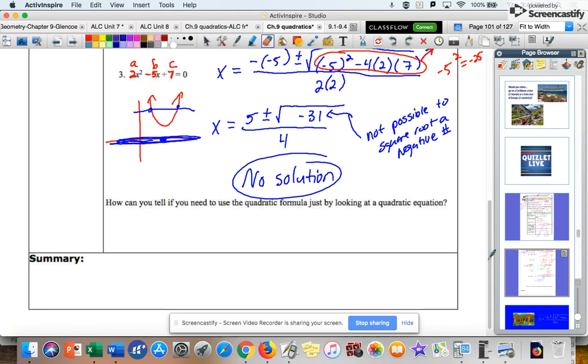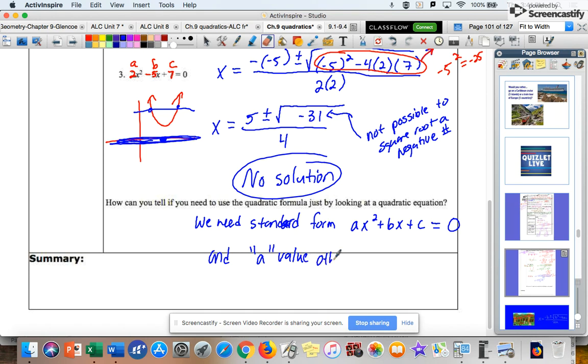Okay, so to summarize, how can we tell if we need to use the quadratic equation just by looking at the equation? We need standard form, in other words, ax squared plus bx plus c equal to 0, and an a value other than 1.